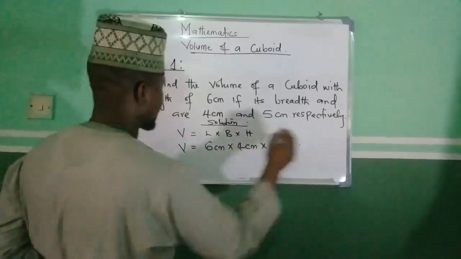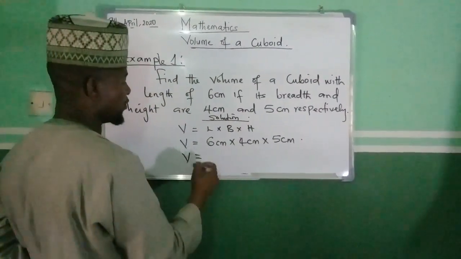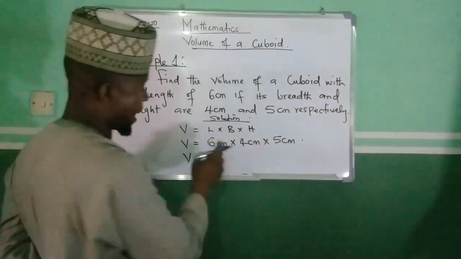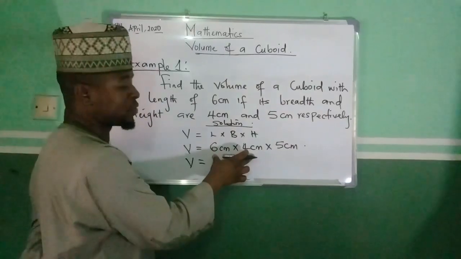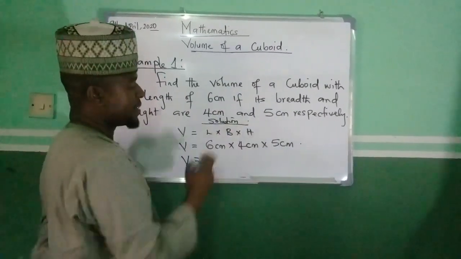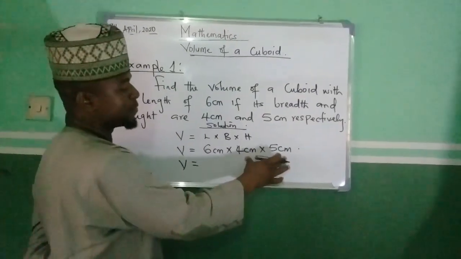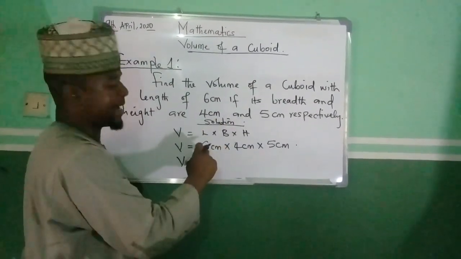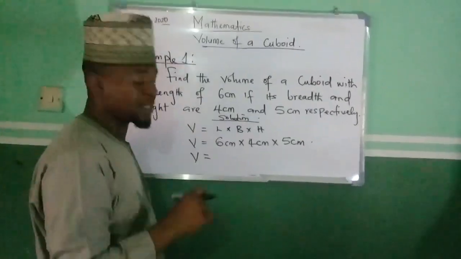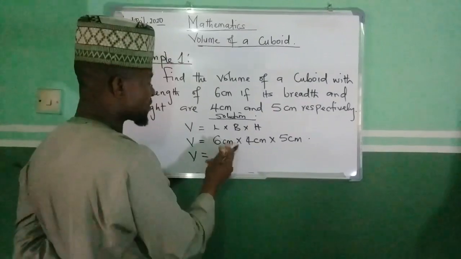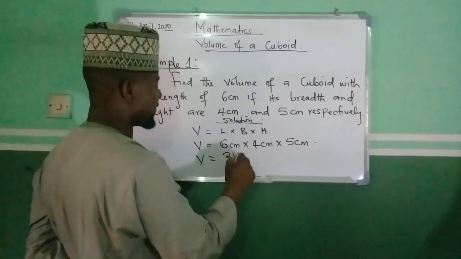And the height, which is what? 5 centimeters. You realize that this volume will be 6 multiplied by 4 will give me 24. I can choose to multiply the first 2 contents and multiply the product by this last content. Alternatively, I may decide to multiply the last 2 contents and get the product, multiply by this first content. It means the same thing. So, in a nutshell, we have 6 multiplied by 4 will give me 24.